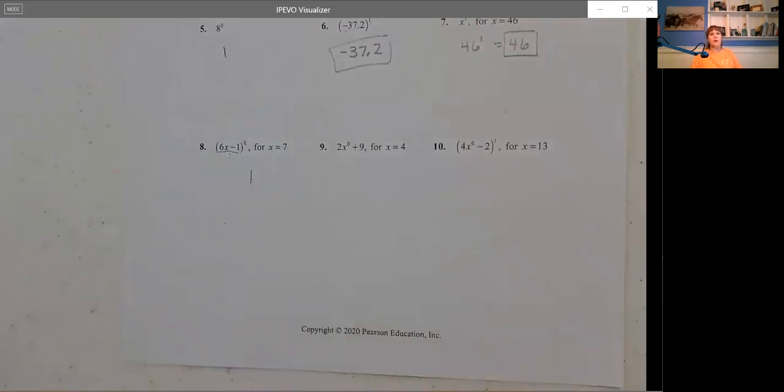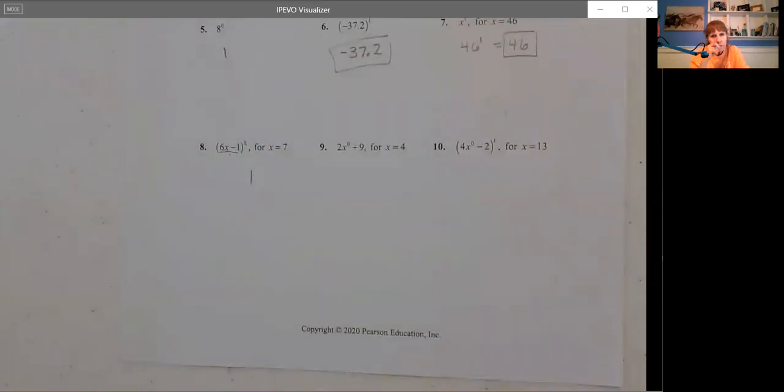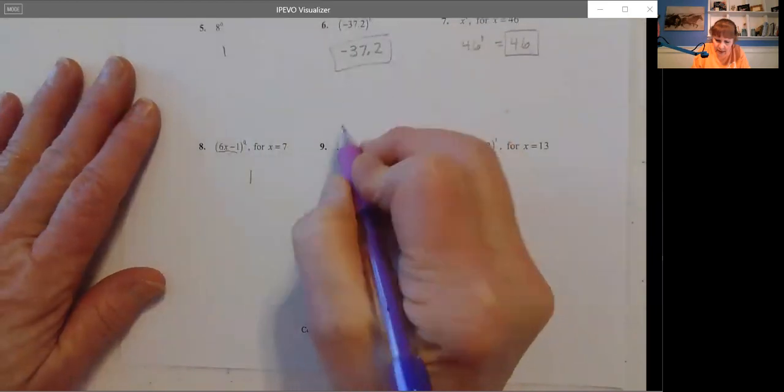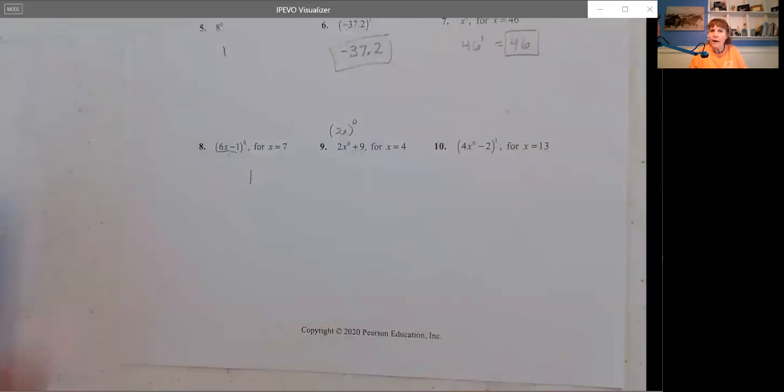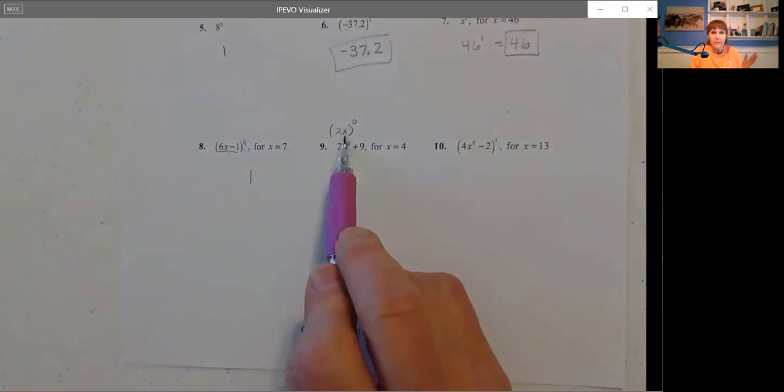All right, let's look at number 9. Number 9 is a little tricky. The reason it's tricky is because the parentheses are not around the 2x. So the only thing that has a 0 power is the x. There is a difference between this statement and this statement, quite a bit. It's a big difference between those two. This is 1. It's just a flat 1.